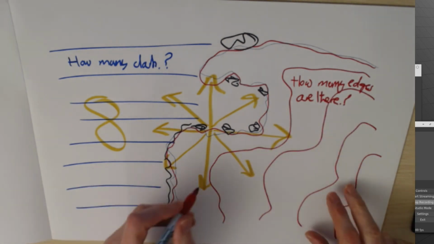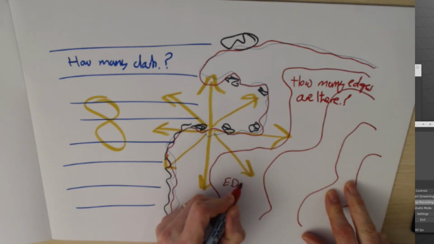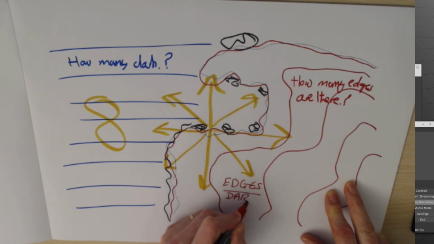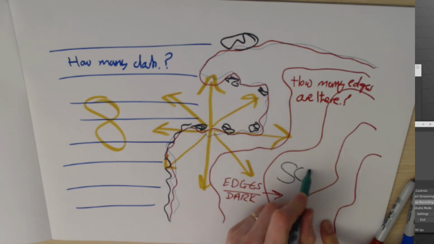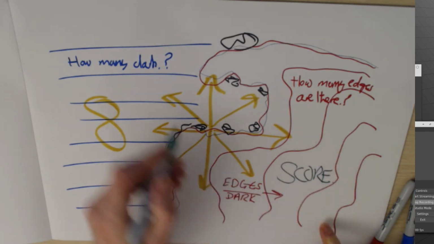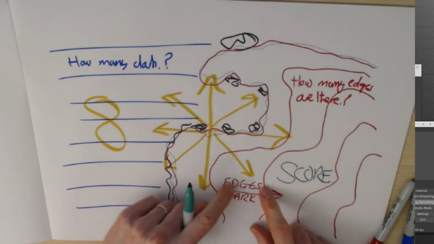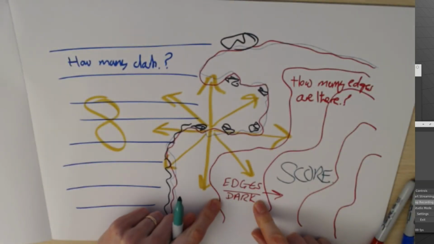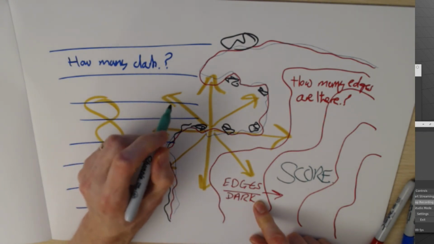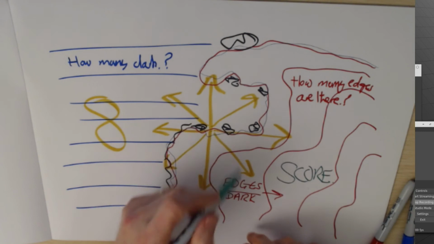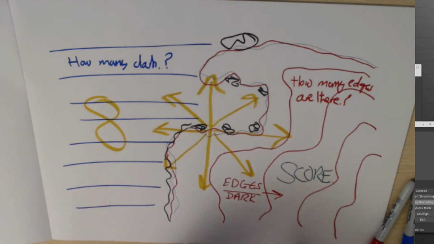If we divide the edges by the amount of dark, it gives me a score. So for each movement I can get a score. If there's more edges and less darkness, then that's going to be the higher score. So what that's going to do is encourage the computer to zoom in into any one of these 8 directions.